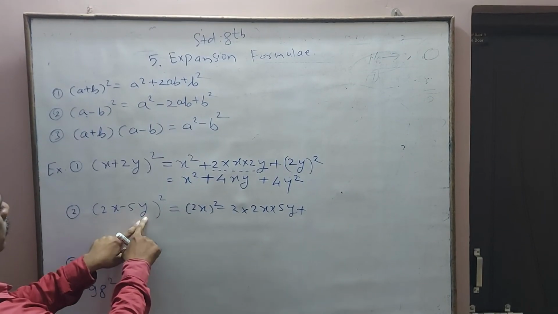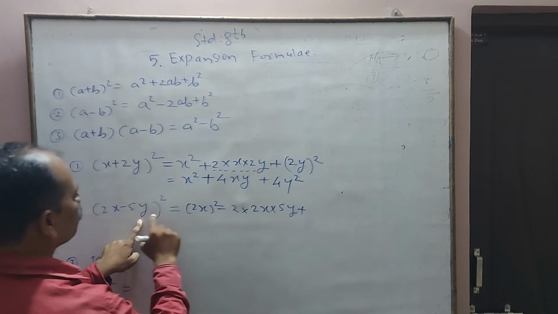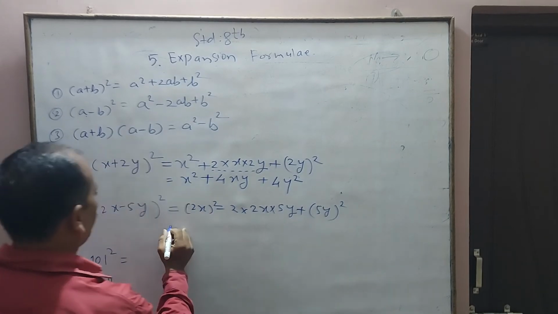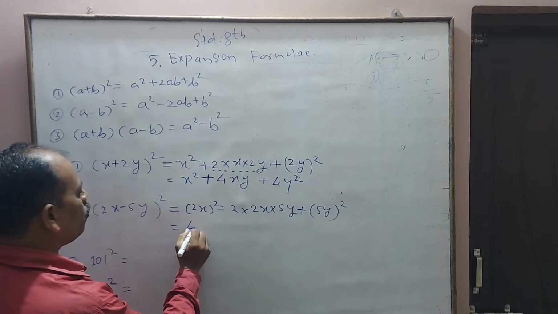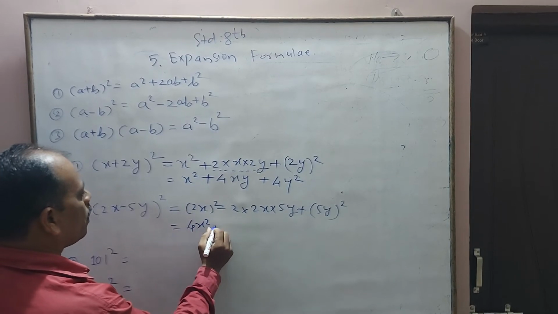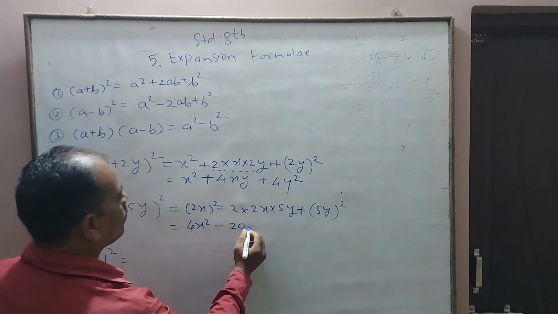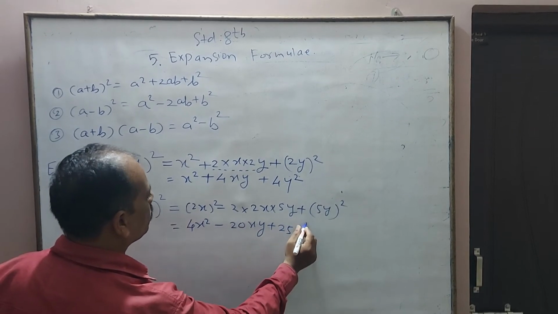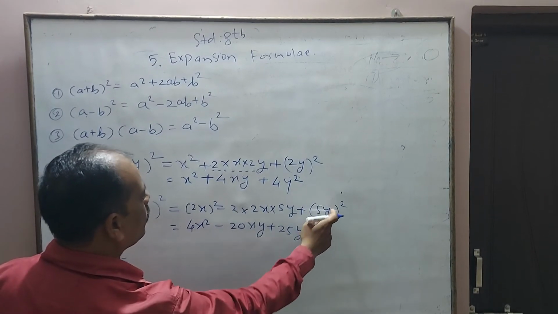This is first term, this is second term, and its square is there. So second term is 5y and its square will be 5y square. Now we solve this. (2x) whole square is 2 square is 4, and x square, minus 2 2s are 4, 4 5s are 20, x into y is xy, plus 5 square is 25 y square. So (5y) whole square is 5 square is 25 and y square is y square.